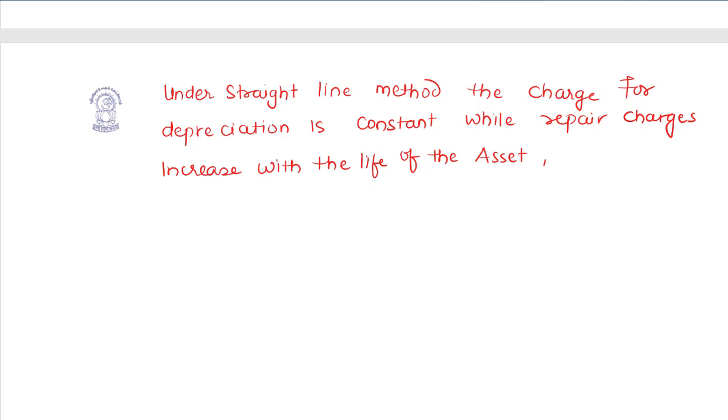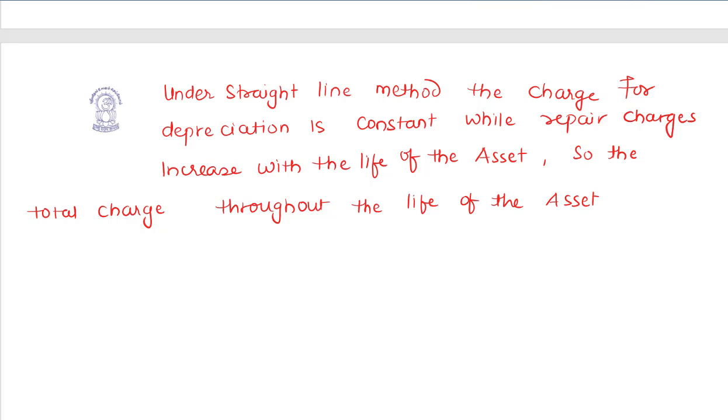So the total charge throughout the life of the asset will not be uniform.